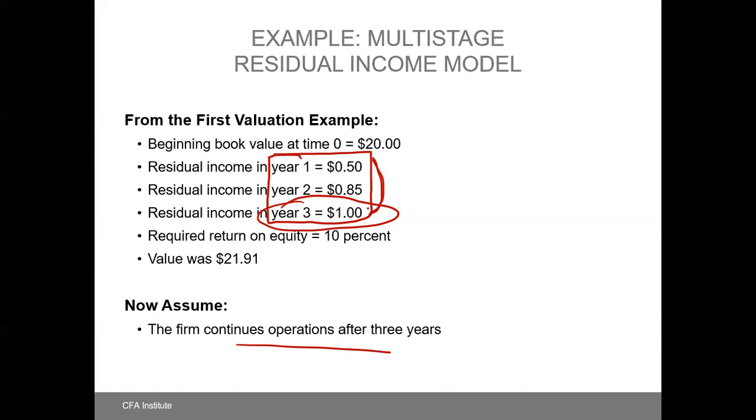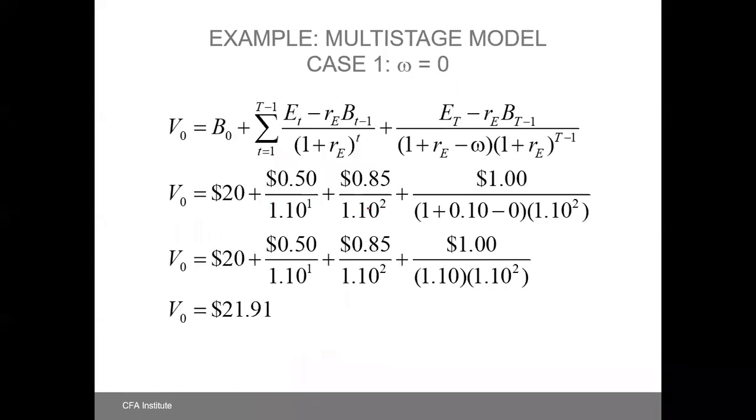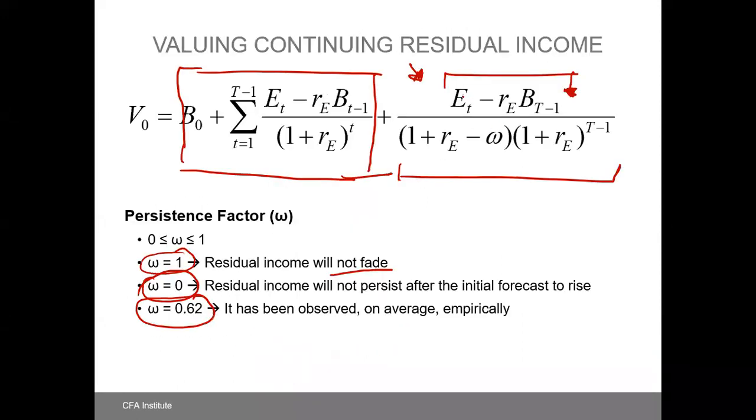Up to year 3. So here, the residual income of year 3 will be here. And the persistence factor will come from here. Our persistence factor, which will be given, should be here.